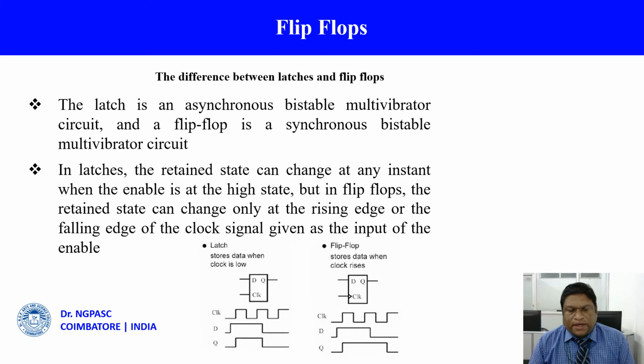One is acting as a latch, which means there is a clock input which enables or disables the particular chip, whereas in a flip-flop, the clock is used to change the corresponding output. With respect to the clock pulse only, the output Q is going to change. But here, the clock pulse is used to enable or disable the particular chip.